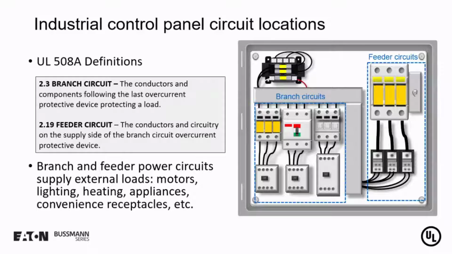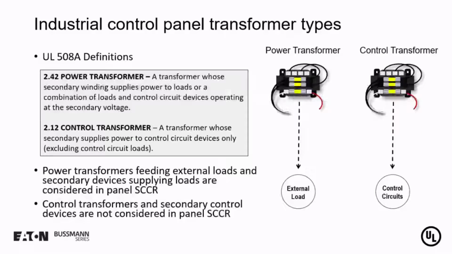And in general, a load is considered, and I should mention it's an external load, motors, lighting, heating, appliances, and convenience receptacles. If a receptacle is marked programming only and load limited, it is not considered a branch circuit. Let's also understand the definition of power transformer versus control transformer.